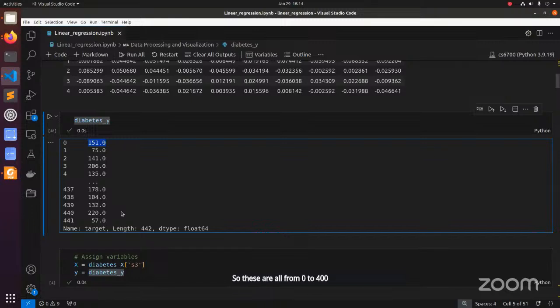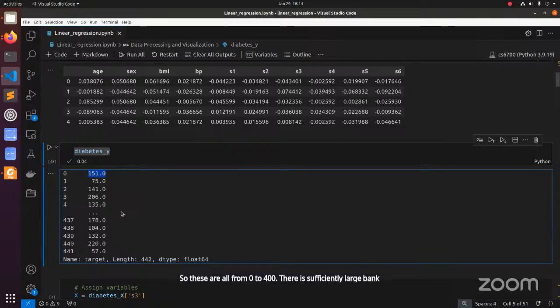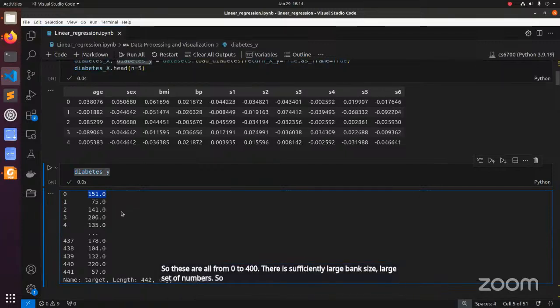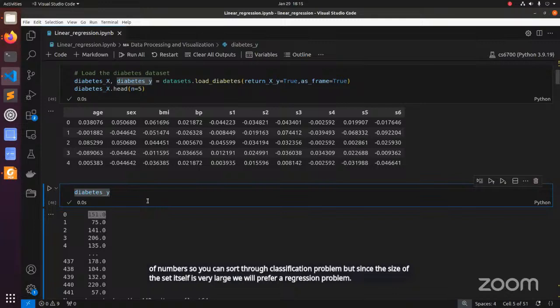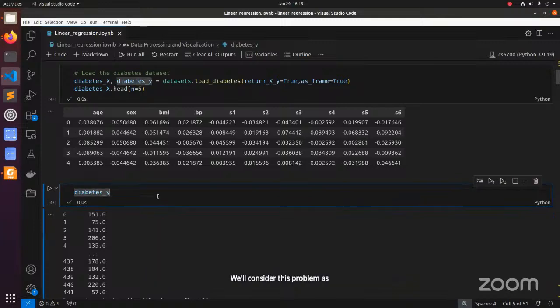There is a sufficiently large set of numbers. So you can solve it through a classification problem. But since the size of the set itself is very large, we will prefer a regression problem. We'll consider this problem as a regression problem just because the set is sufficiently large.